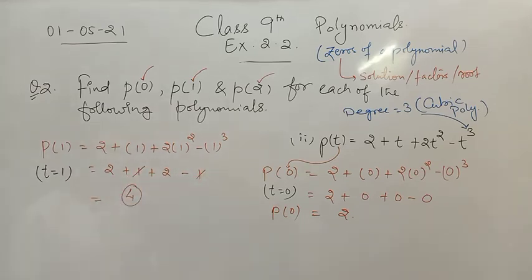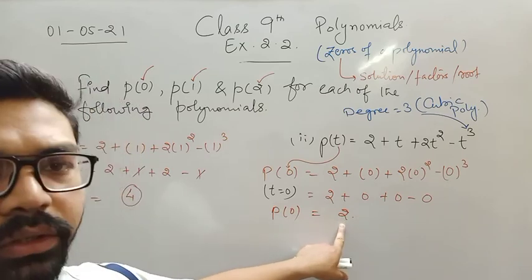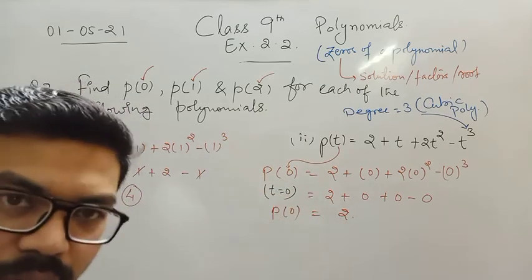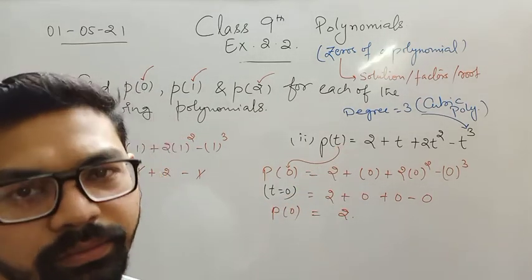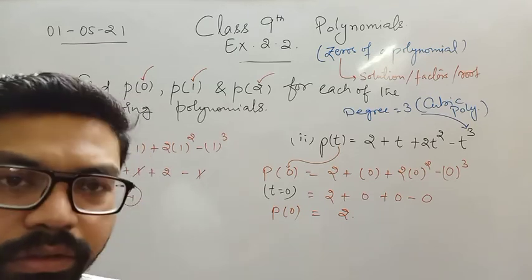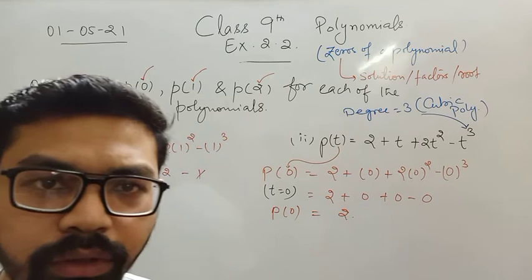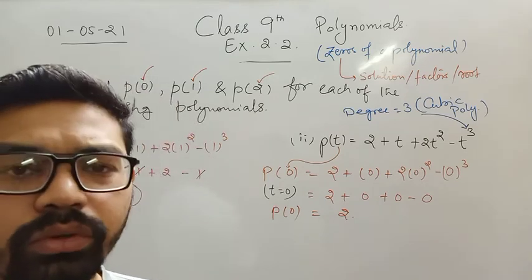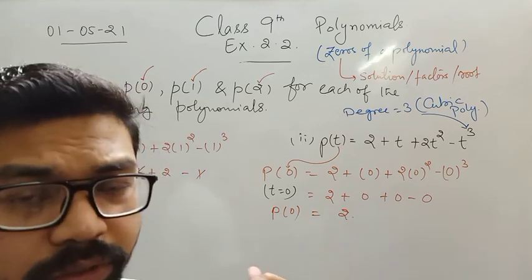This polynomial will give you a value equal to 4 when you put t equal to 1. As you put t equal to 0, the value you got is 2. Now when you change the variable, that's why we say t is a variable, because its value is changing again and again. I think this is clear to you all, and if you have any doubt regarding audio, video, or way of communication, you can ask those queries in the Zoom session. But before that, you must watch these videos, okay?